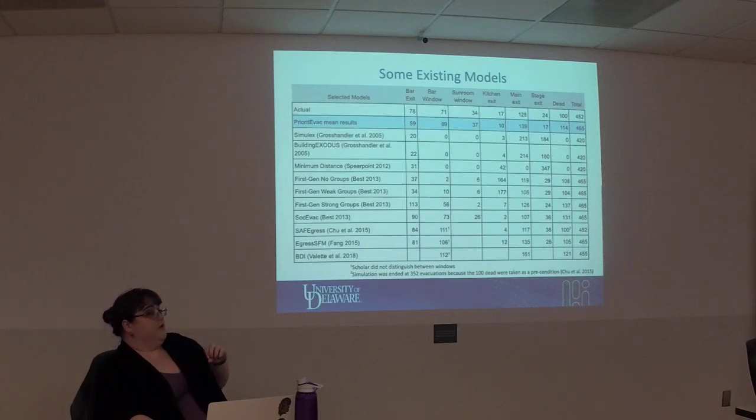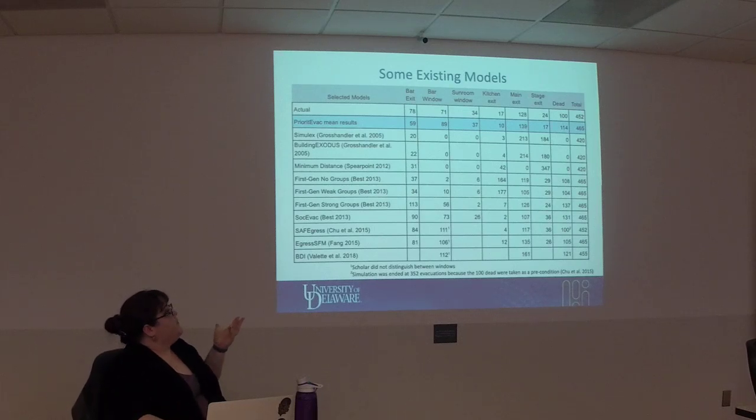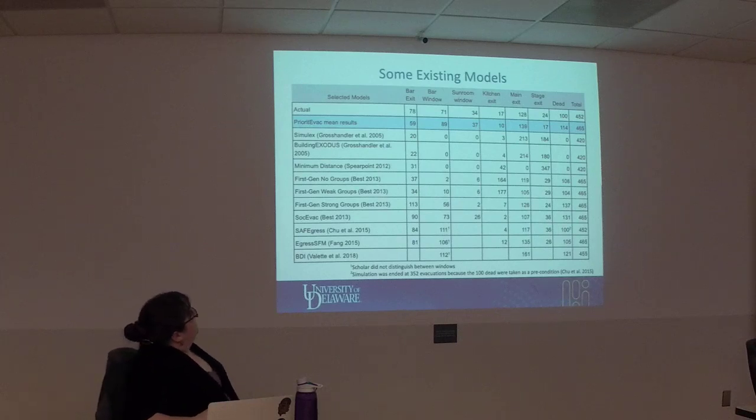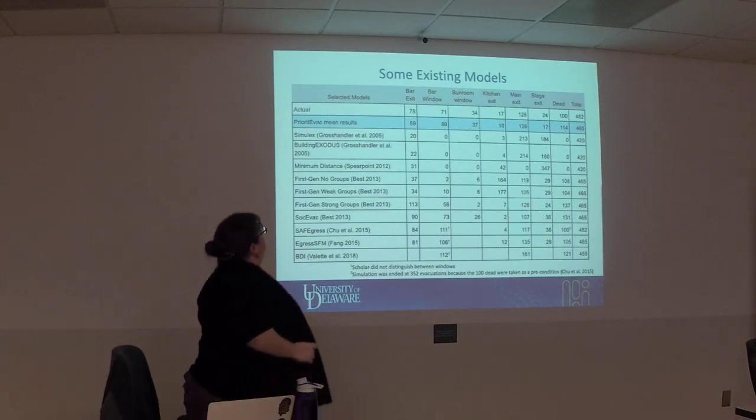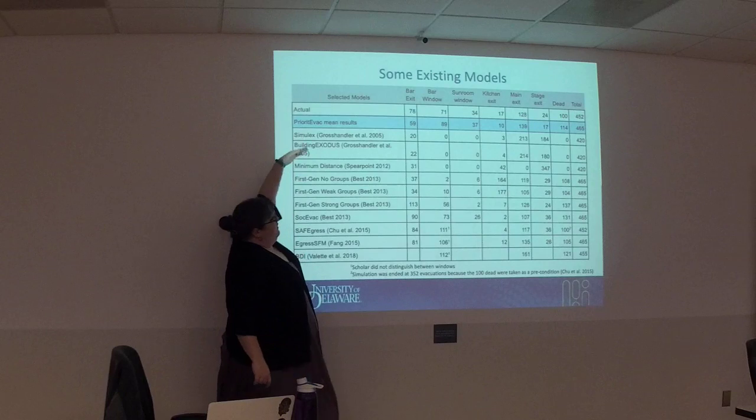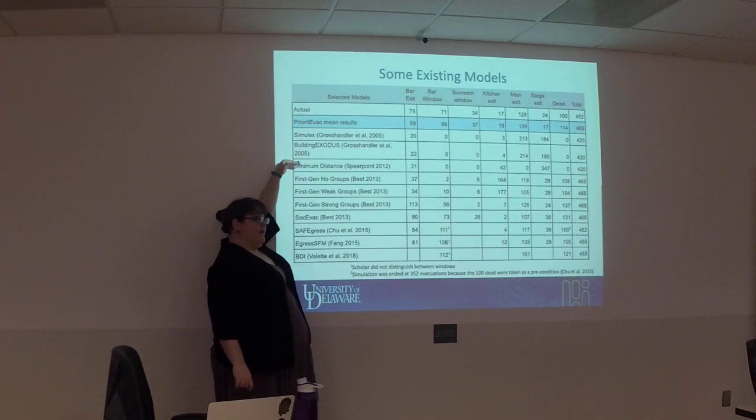We know the individual outcomes for 452 of the 465 people there. The others are just a gap. And then the really interesting thing for me is that these are all models that do not include social factors.